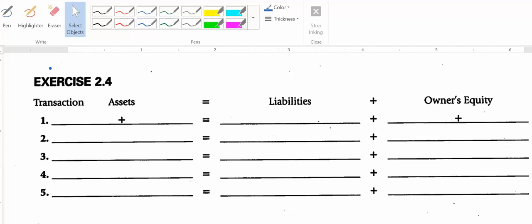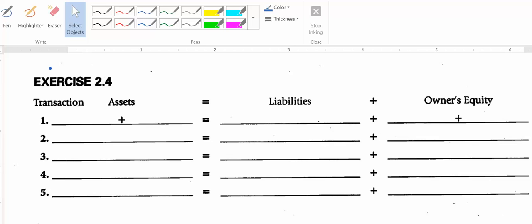So let's just go through the items 1 through 6 and figure out which are assets. The first one says owes $19,000 to David's Equipment Company. If Mr. Malone owes money, that's a payable account, which is a liability. So we're going to ignore that one for the moment.